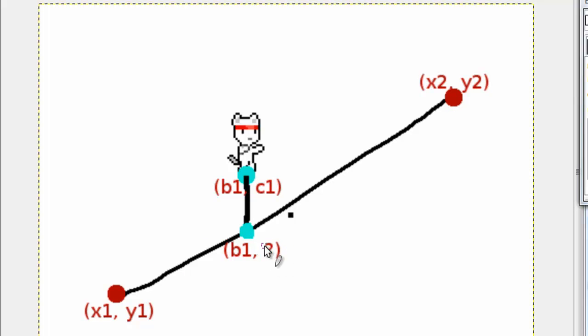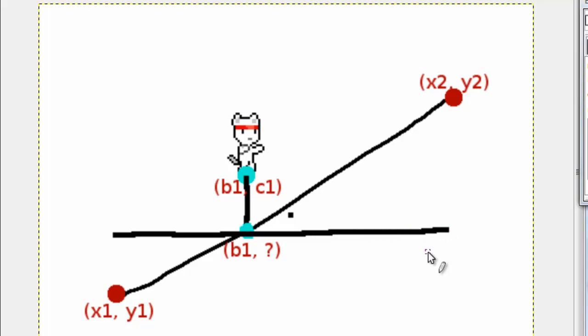Once we have this y value, we basically have a horizontal platform, because we have x1, x2, and y1, which is what we use to detect platforms.